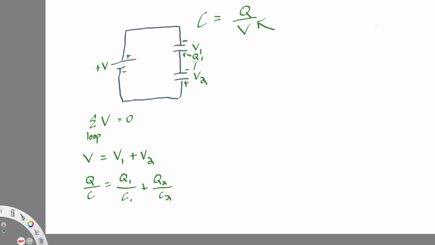If we had more positive charge on capacitor 1 than positive charge on the second plate of capacitor 2, then we would see some flow of electrons going that way to neutralize it. And if we needed to flow the other way to equalize it, we would do that too.